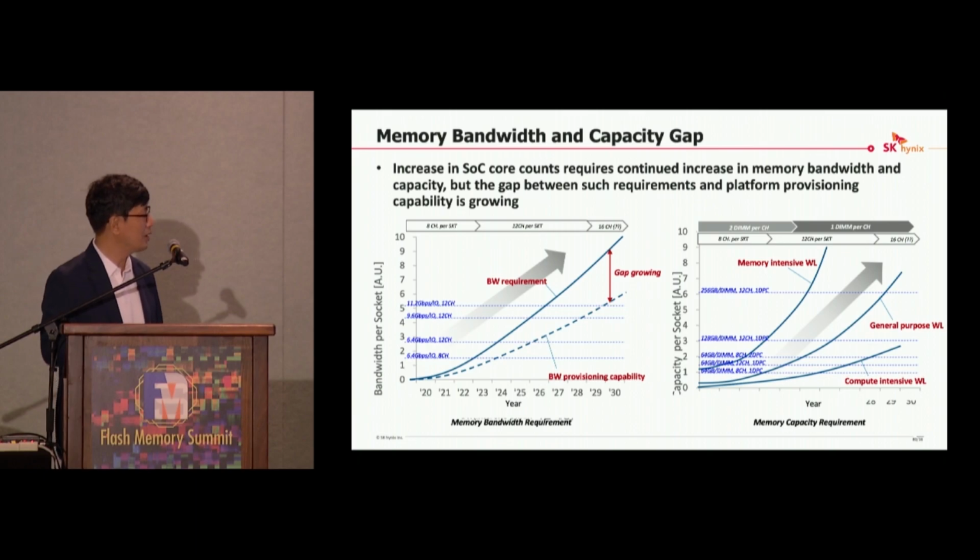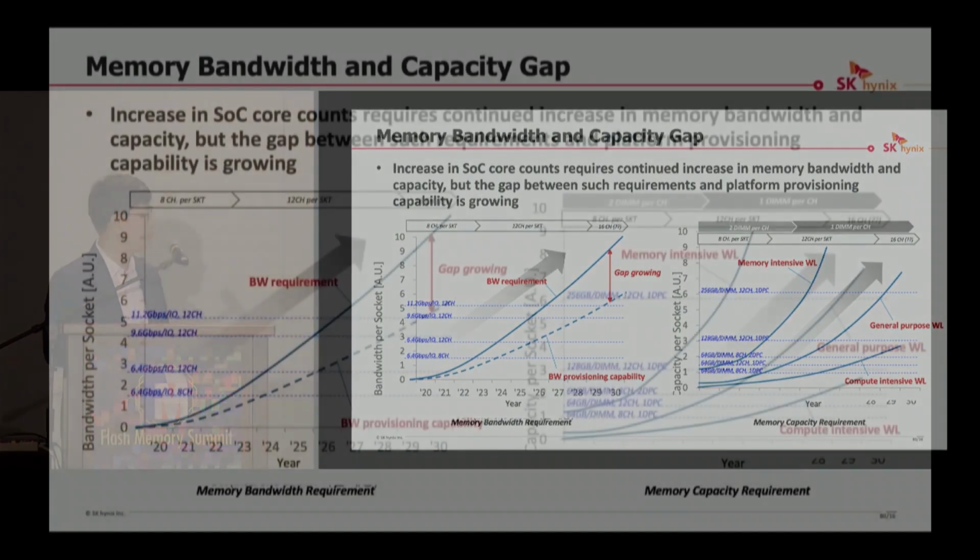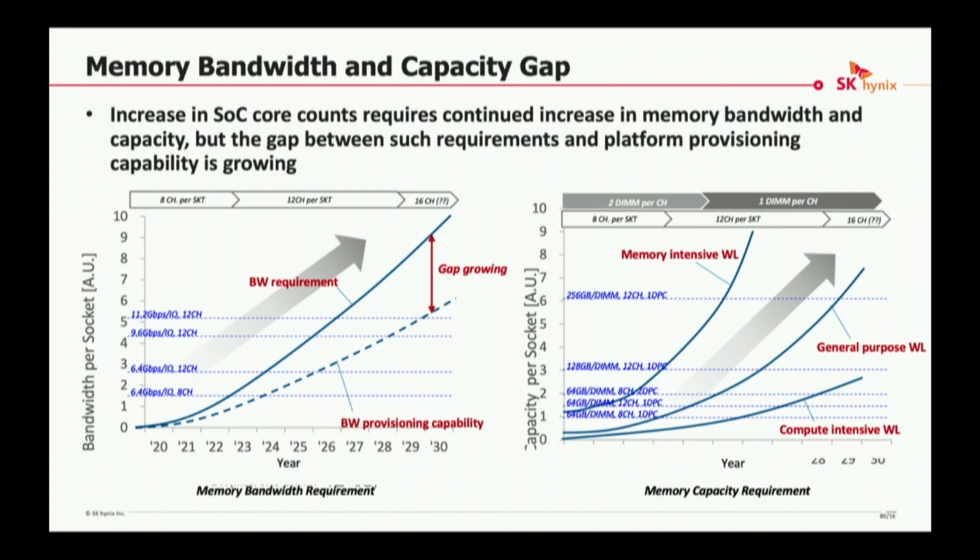On the right-hand side, I'm showing the memory capacity requirement over the years. And as you can see, for different workloads shown here, for memory-intensive workload, general-purpose workload, and compute-intensive workload, you can see that this requirement is growing drastically, even though there is some differences in the slope rate depending on the workloads, but it will continue to grow.